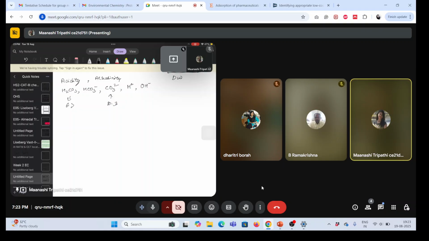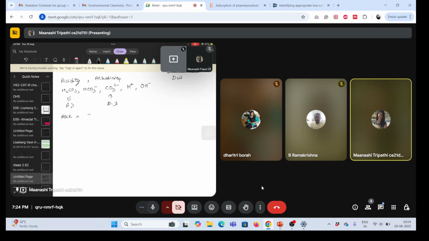So depending upon the pH, these things may increase or decrease, but they will all be there. Now sir has already derived expressions for alkalinity and acidity, so I will not go into detail. I will write the expression for alkalinity.